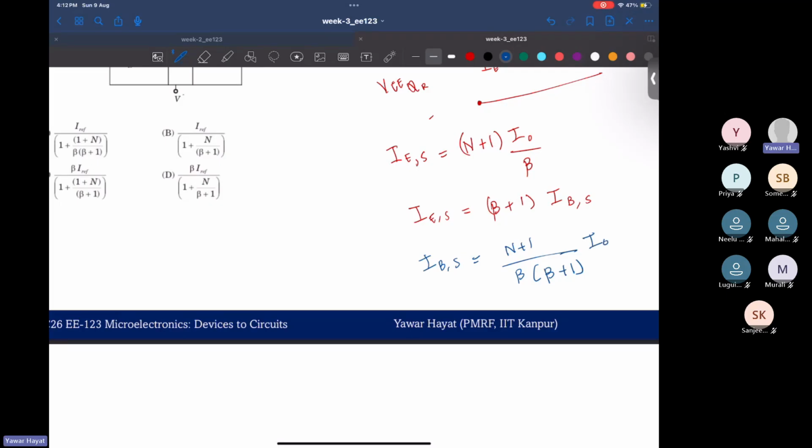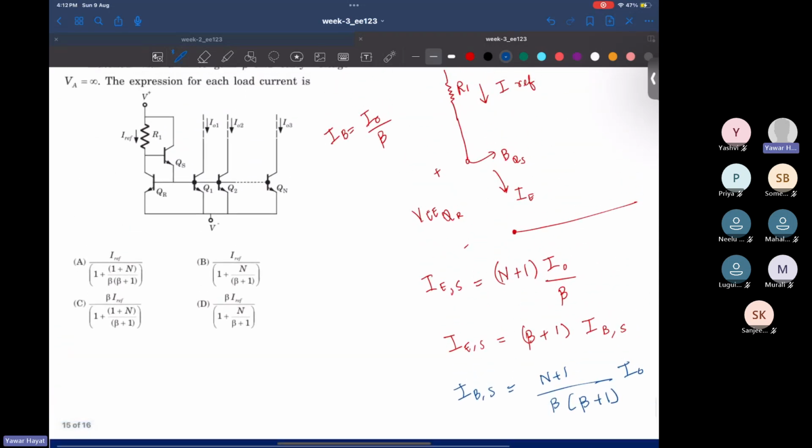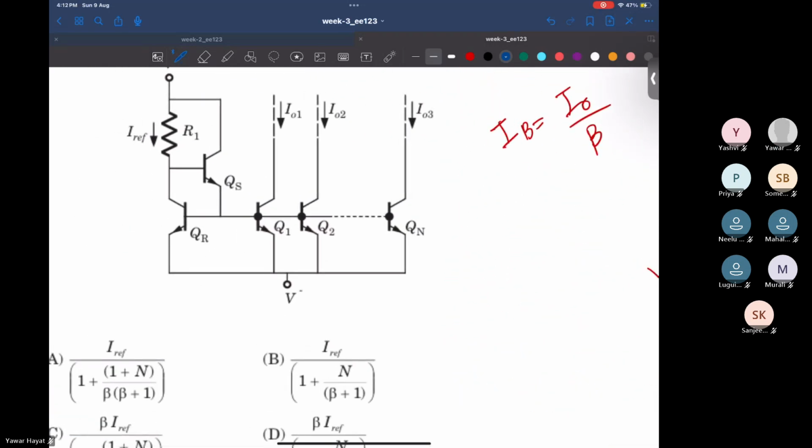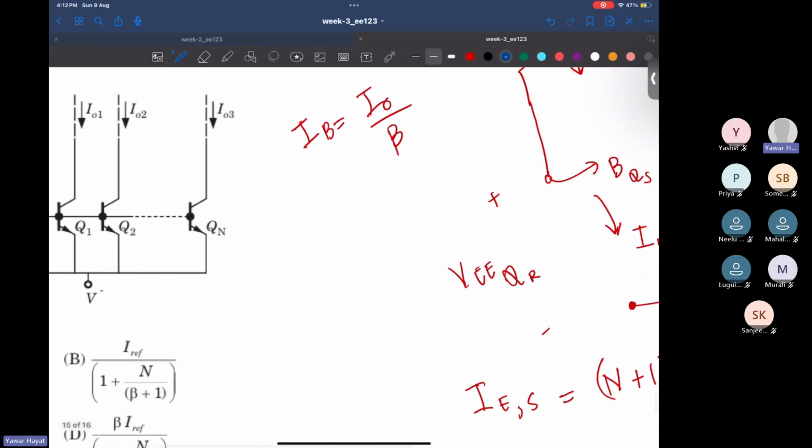Right? And at the reference node, your IREF divides into the collector current of your QR and the base current of your QS. This is where IREF is getting split.